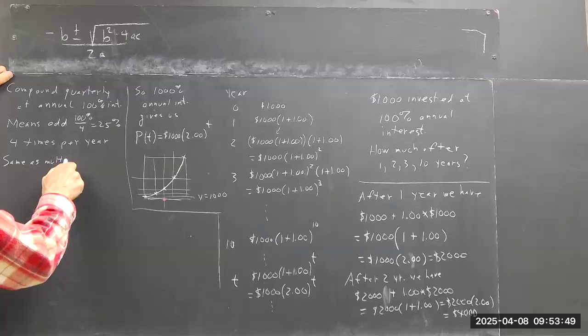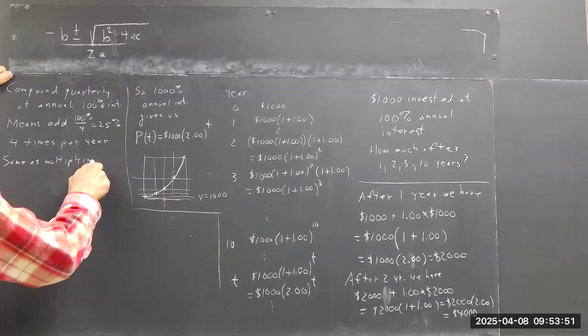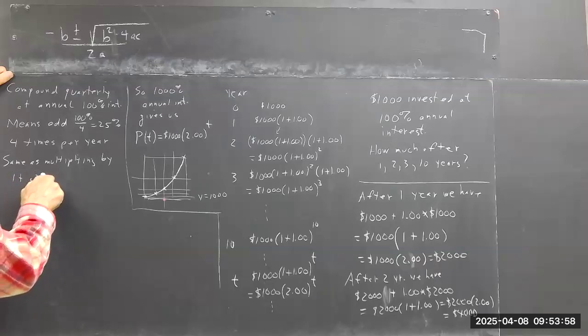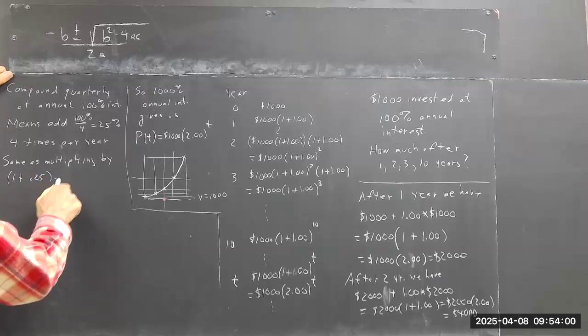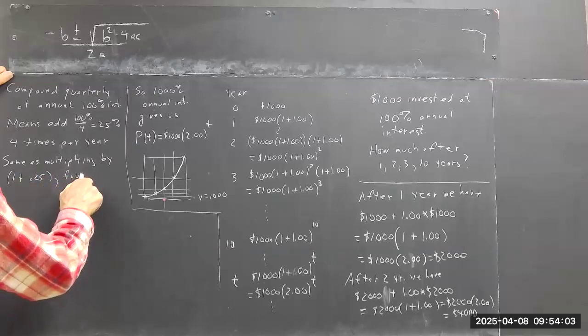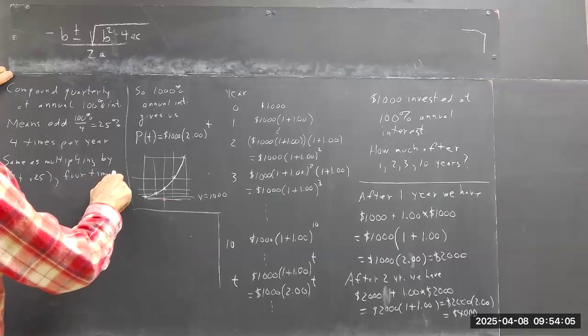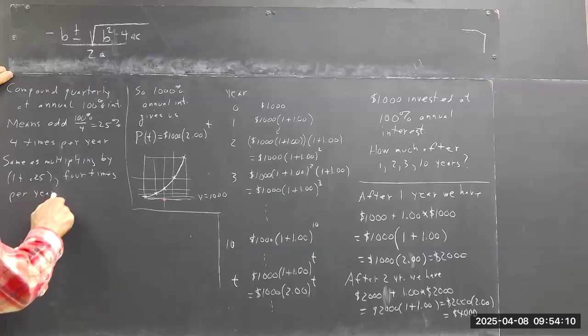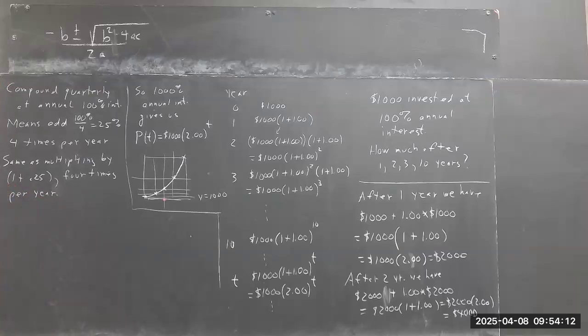It's the same as multiplying by 1 plus 0.25, 4 times per year. Now I could break that down, multiply 1,000 by 1.25, you're going to get $1,250.